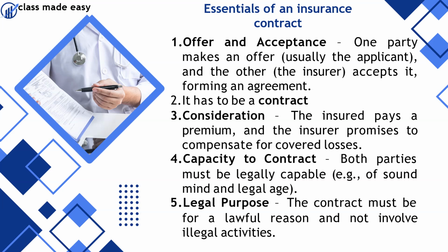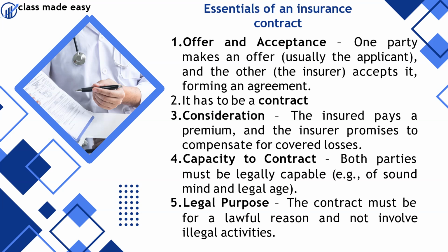Very importantly, we look at the essentials of an insurance contract. When we talk about the essentials of an insurance contract, we borrow them directly from the essentials of a valid contract in our discussions around the law of contract. Number 1, there needs to be an offer and acceptance.